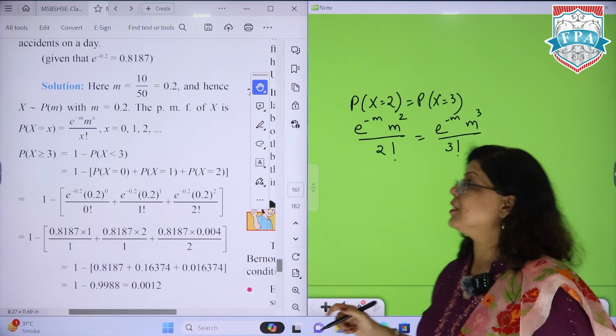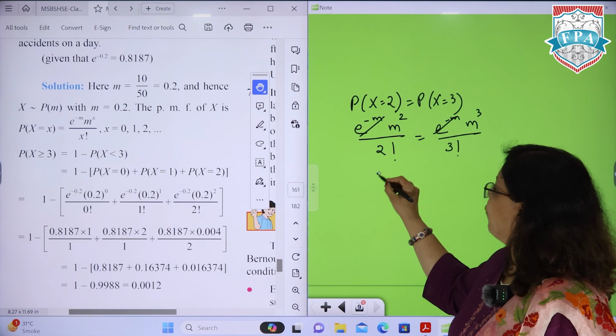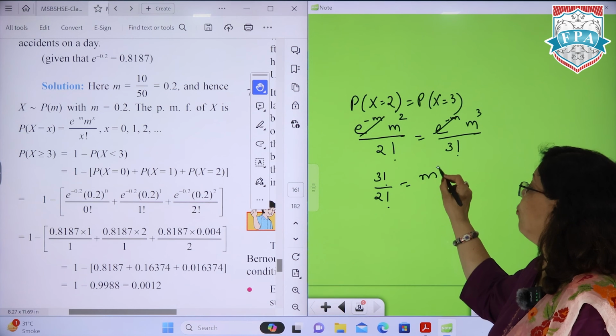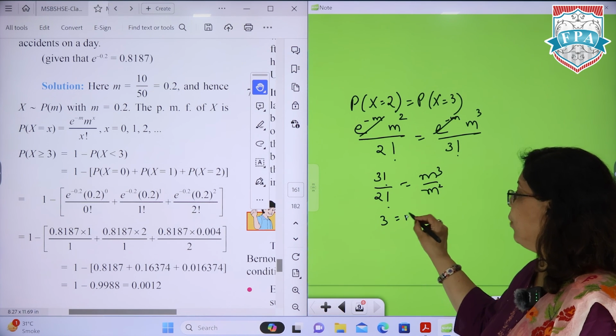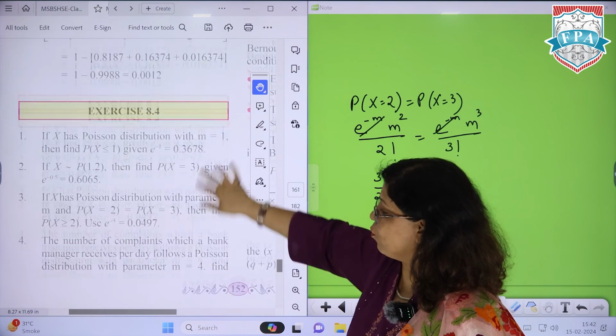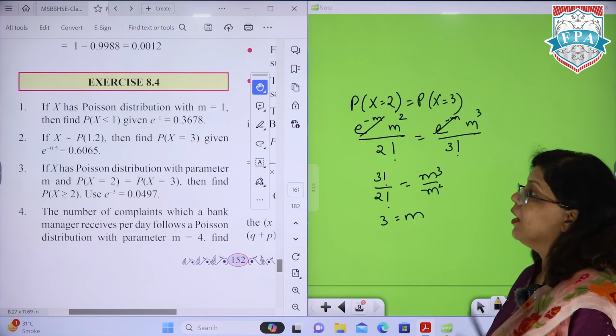In both the cases, e to the power of minus m will get cancelled, and then factorial 3 by factorial 2 will be left as m cube by m square. So here you can see 3 is equal to m, and then as I said, you can easily solve your question by putting the values given to you.